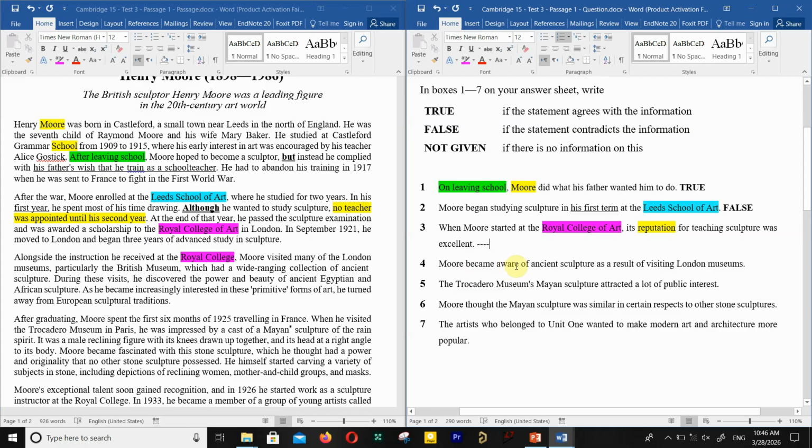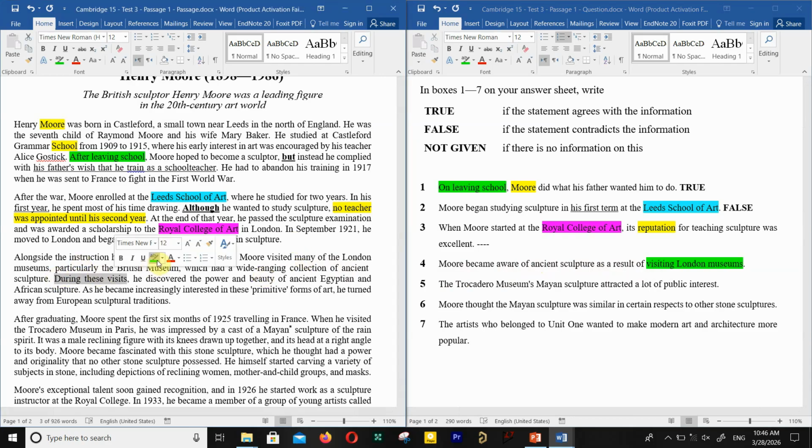Moore became aware of ancient sculpture as a result of visiting London museums. So, here it says that during these visits, visits of London museums, because the Royal College of Art is in London, he discovered the power and beauty of ancient Egyptian and African sculpture.